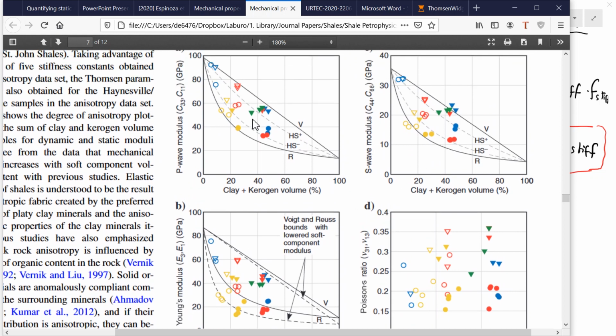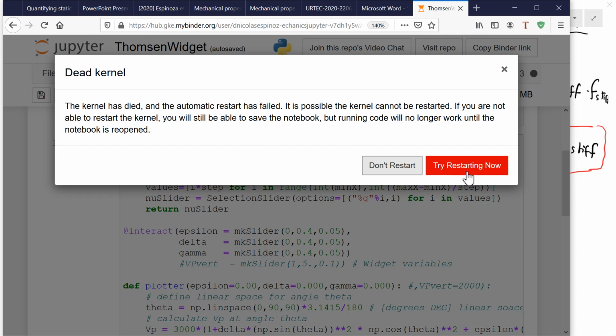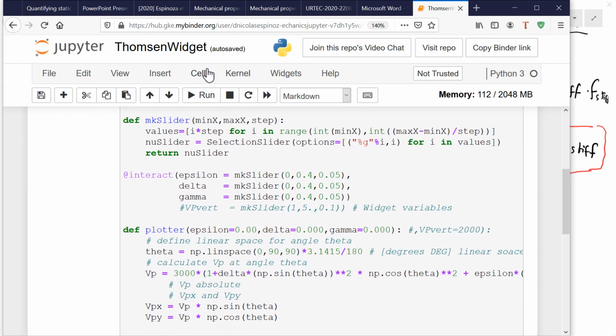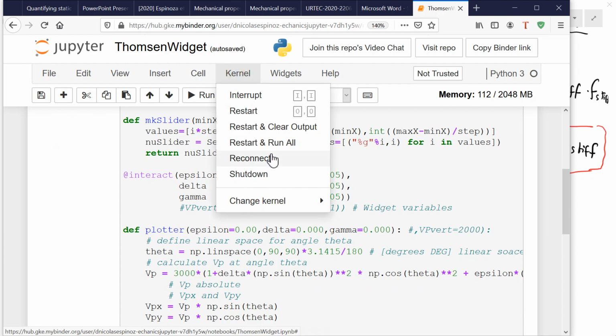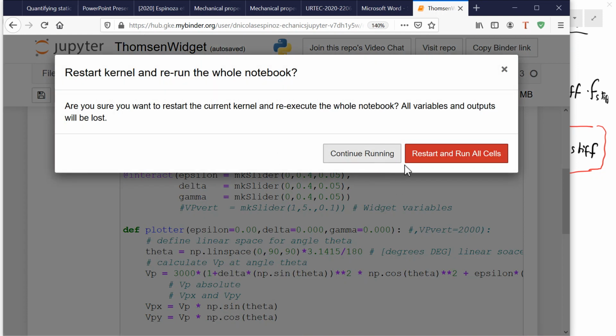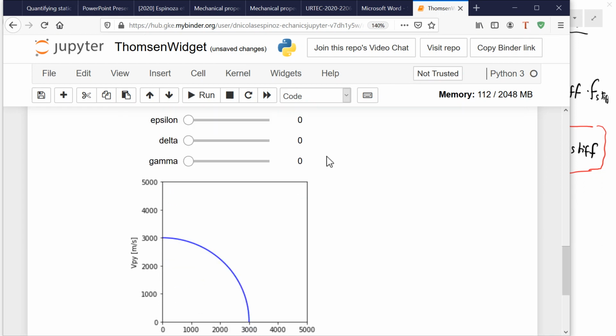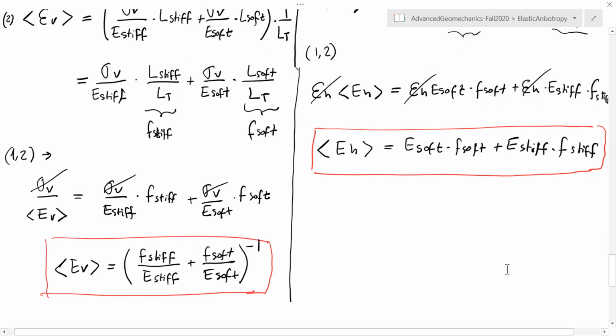And you will see that also the data, especially for the dynamic part, sometimes aligns very nicely with the theory and explains the reason and the mechanism behind these anisotropic rocks. Let's see now if this is working, and then we'll close with this. Yes, it is working.